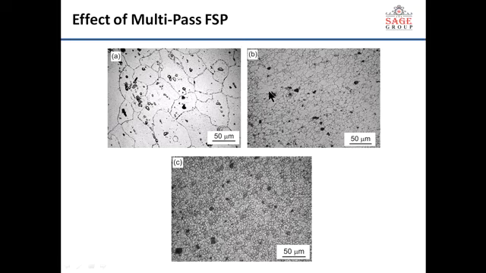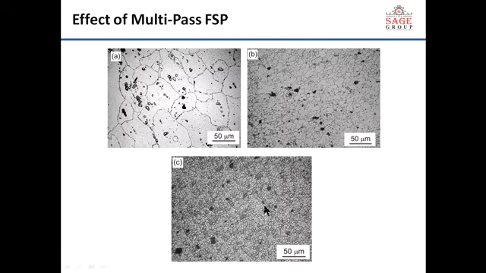So this is the effect of friction stir processing. Friction stir processing refines grains to a greater extent. This is because of the dynamic recrystallization process occurring during the process. That's why it's called dynamic recrystallization. And due to dynamic recrystallization, the grain size of the aluminum alloy is refined to a greater extent.